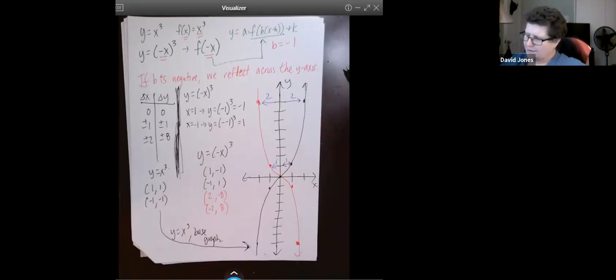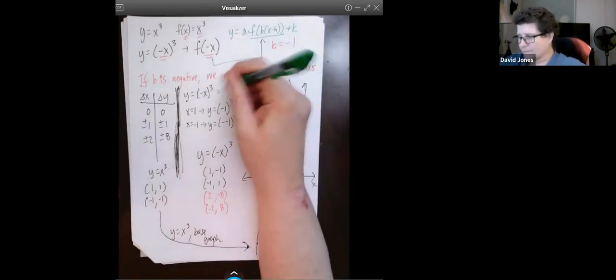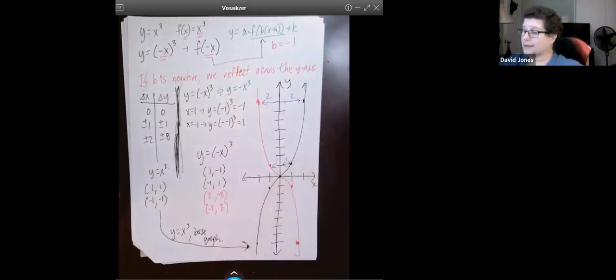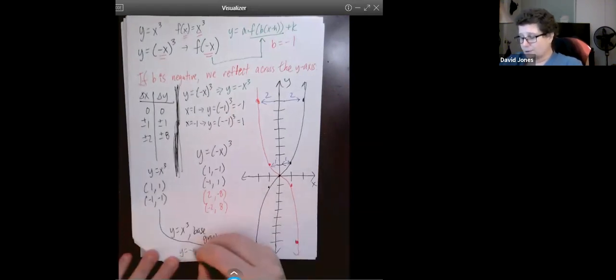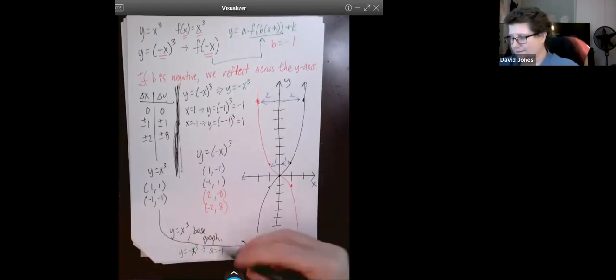Another way, oddly enough, on this one, I could write this as y equals, if I write that out, just y equals -x cubed if I get rid of the parentheses. And if I write it like that, y equals -x cubed, we've got a equals -1, and that has a vertical reflection.